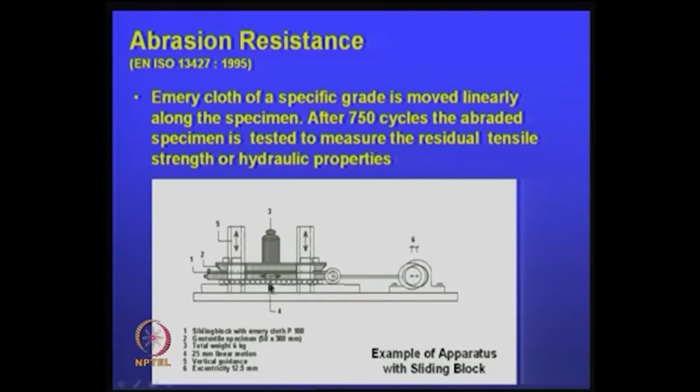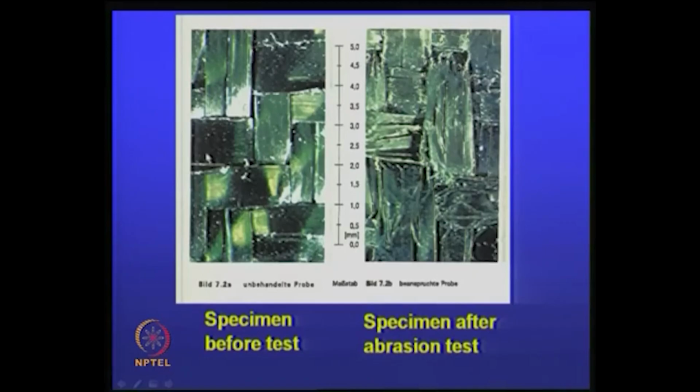So we subject the geosynthetic material to 750 cycles of rubbing using emery cloth of a specific grade. You can see that before the test, a geogrid or a geotextile was like this, and after the repetitions it is like this. This is also an indication of the quality of the material.